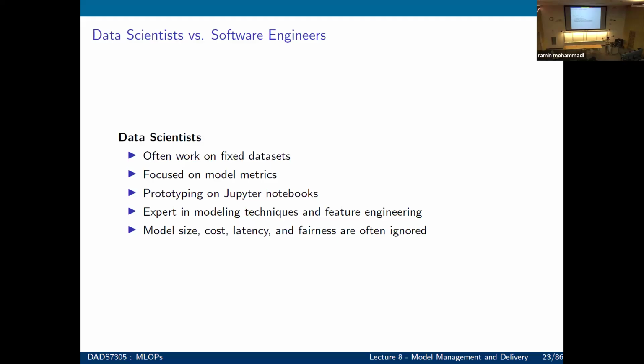Then your focus is on model metrics. Your focus is that I need a really good accuracy model, or whatever the metric is, because I need to give it to the boss. If you're your own boss, you're like, I need the highest accuracy model. So your focus is just around the metrics of the model, basically accuracy.